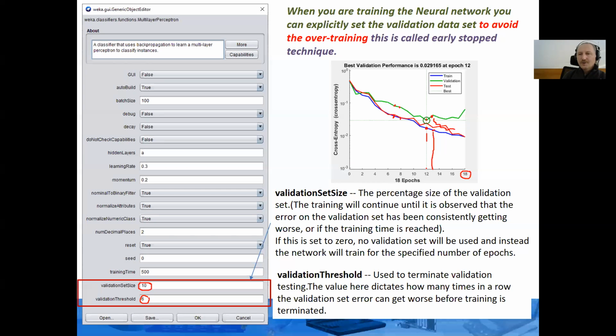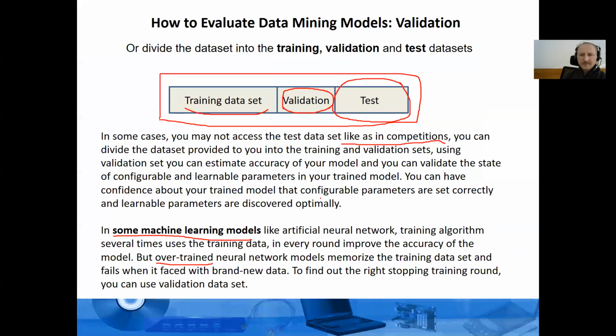You will use it to validate the configured parameters of your neural network model, whether it is configured right or not. And then the test data, in this case, will be used to estimate the accuracy of your model.